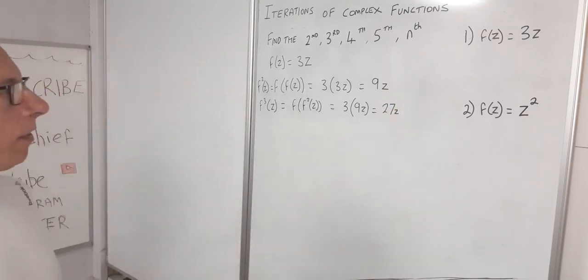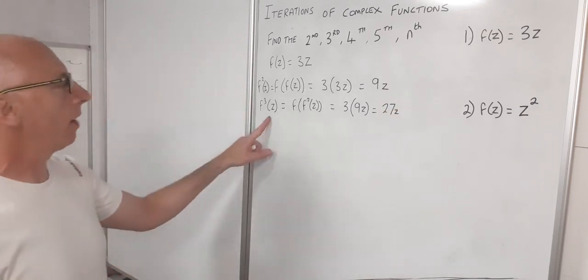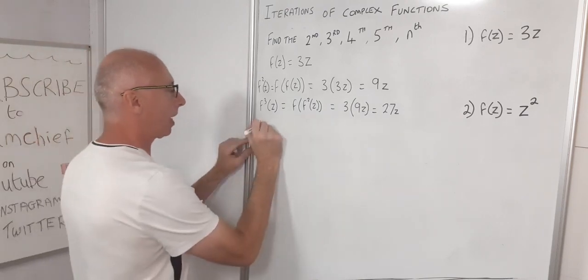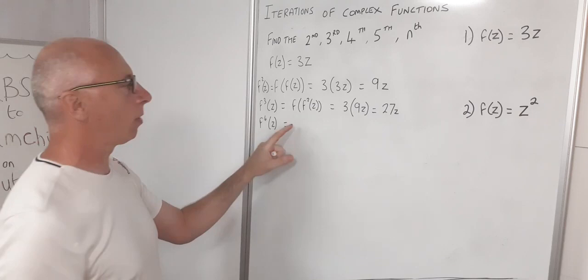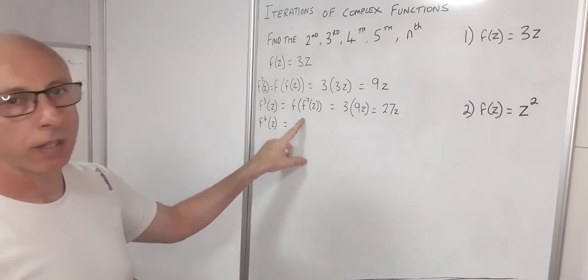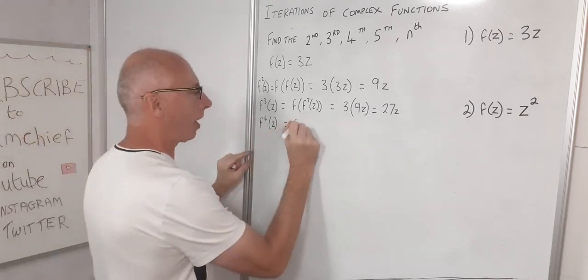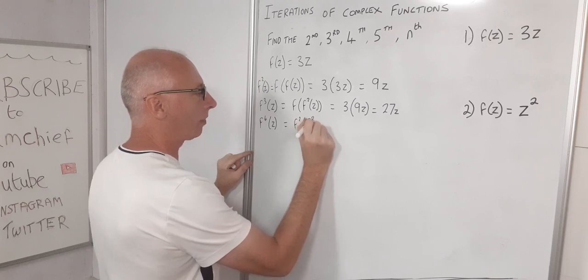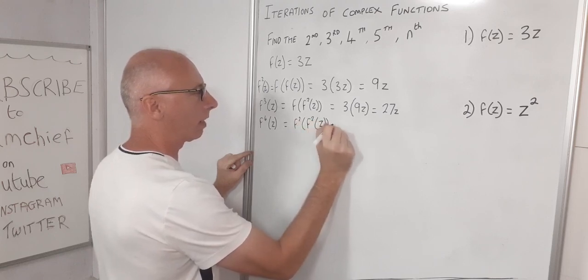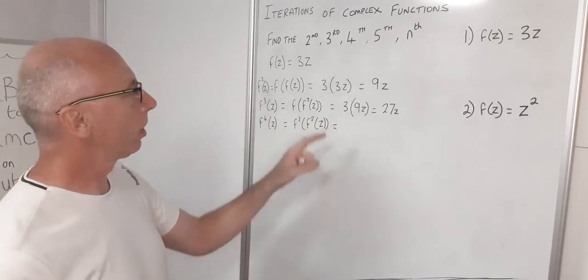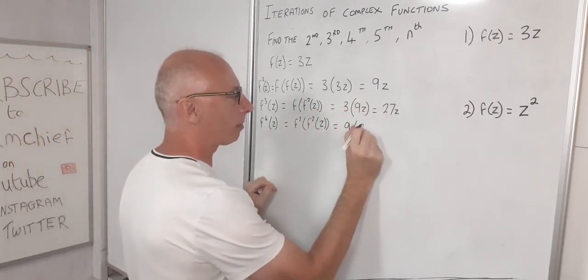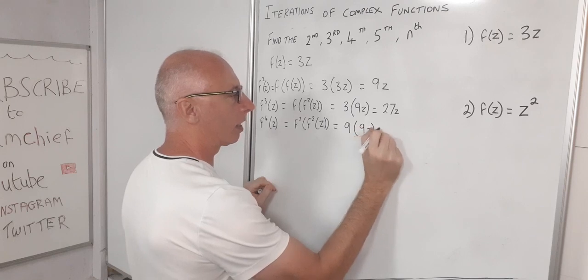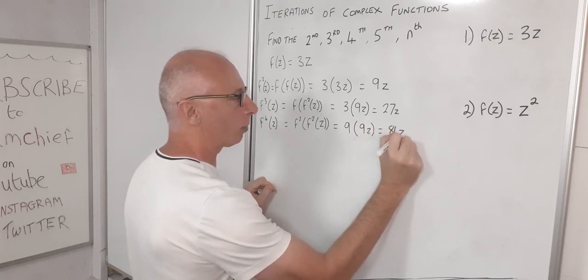So that takes care of that one. Now f4 of z, let's have a go with that one. For that one we could do f2 of f2 of z. So then that equals, using our 9z, 9 times 9z. And then that would obviously equal 81z.